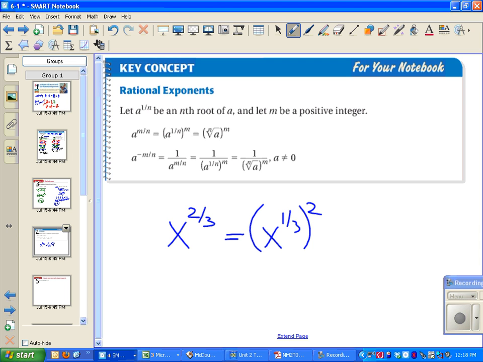Again, when you multiply fractions, we multiply, and so we get 2/3, so we're just going backwards. But this is the same thing as the cube root of x squared. So sometimes it's helpful to write it like this, and sometimes it's helpful to write it like this. Same idea with the next one, but we have negative exponents, so everything goes downstairs.